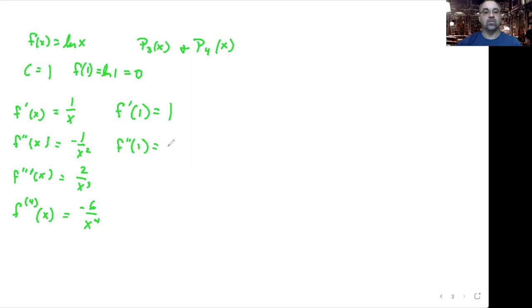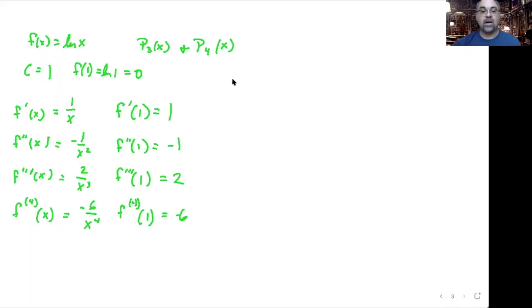Negative 1 over 1, so negative 1. What's f triple prime at 1? It's 2 over 1, so it's 2. And what's the fourth derivative at 1? That's negative 6. So there are the coefficients that we're going to use as part of our polynomial. And now we just need to put them together into our polynomial.